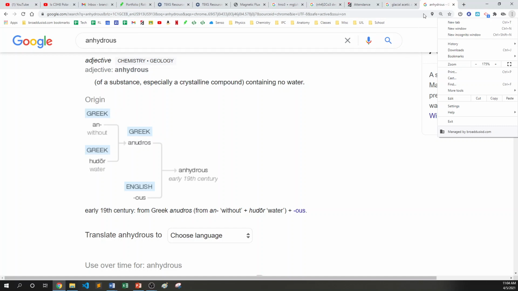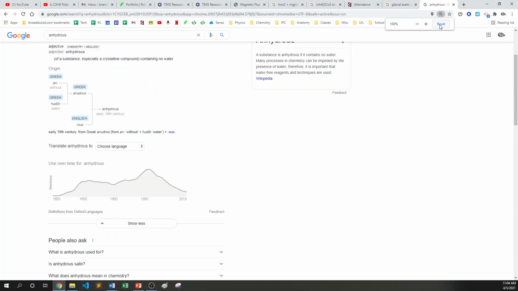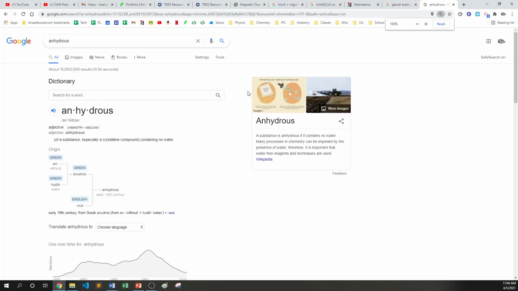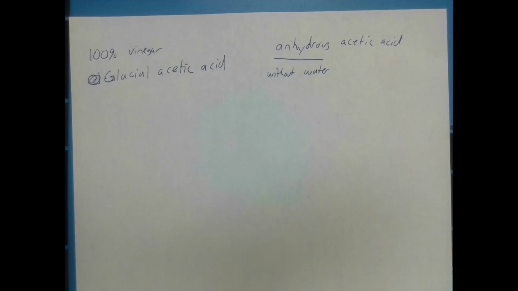Weird. I was thinking that it comes from hydrogen, but no, it doesn't share the same root word as hydrogen. That is a weird coincidence. But it just means without water.